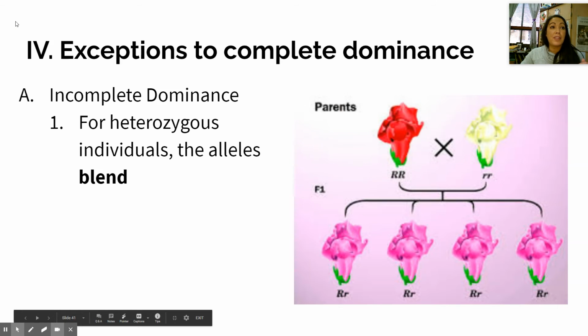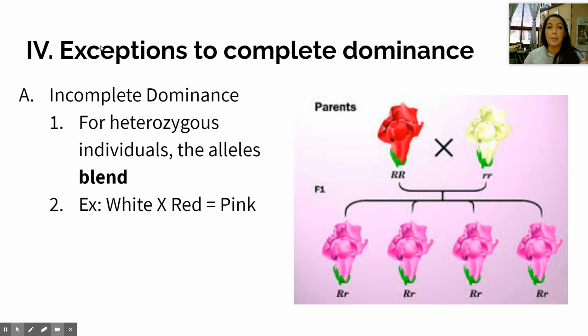There are a couple of exceptions here. Everything we've talked about so far is what we call complete dominance, where a trait is either dominant or recessive. There are some exceptions to this. One example is what we call incomplete dominance. We're typically going to see examples of incomplete dominance using flowers.